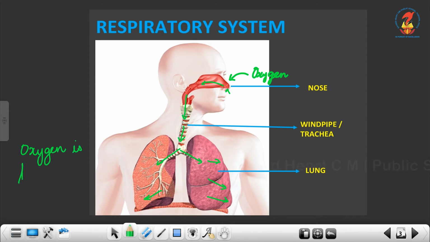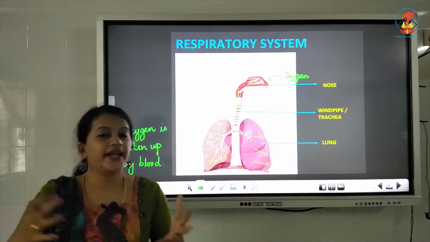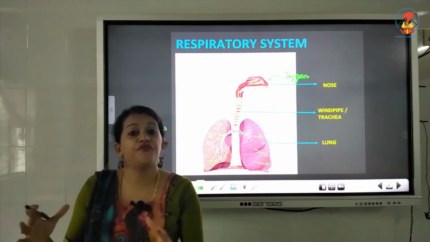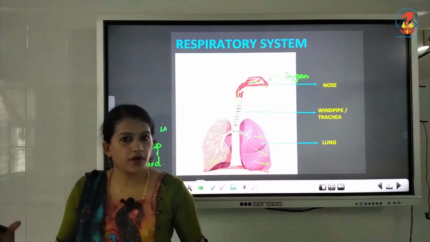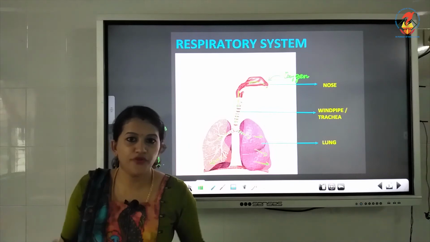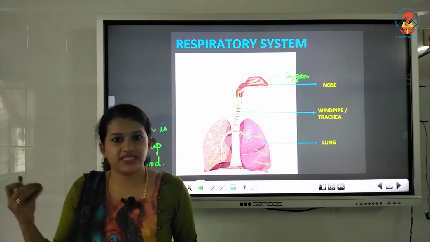The oxygen is taken up by blood, and the blood will carry it to different parts of our body, and every part is made up of cells. So it will take the oxygen to each and every cell.